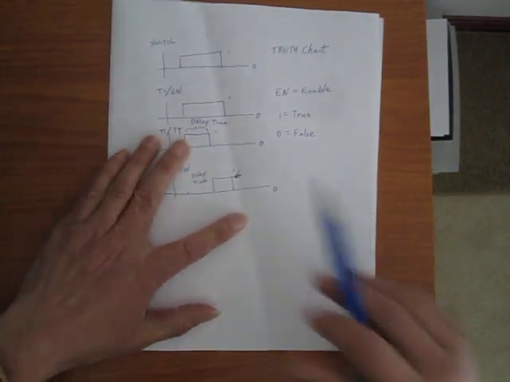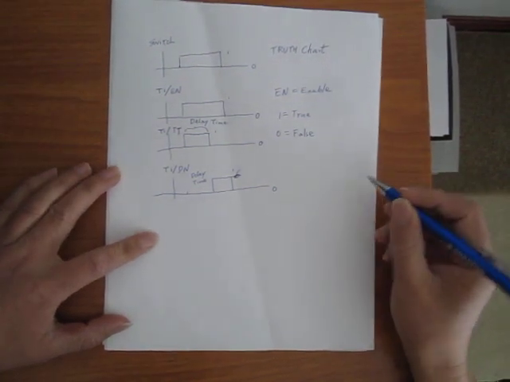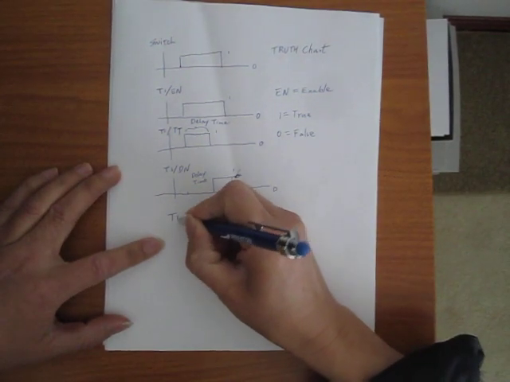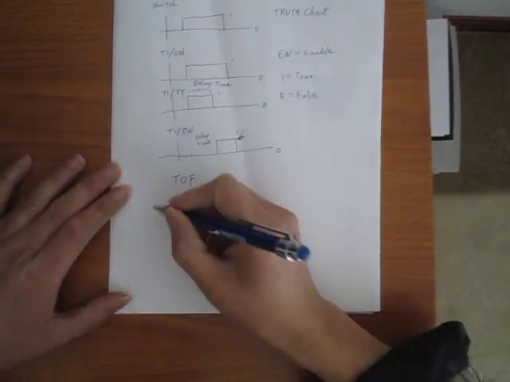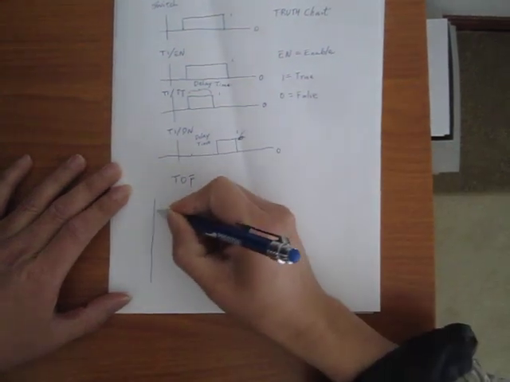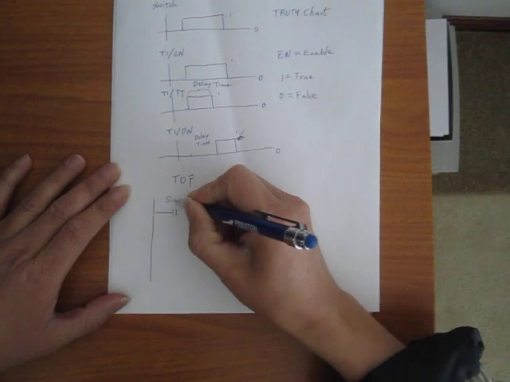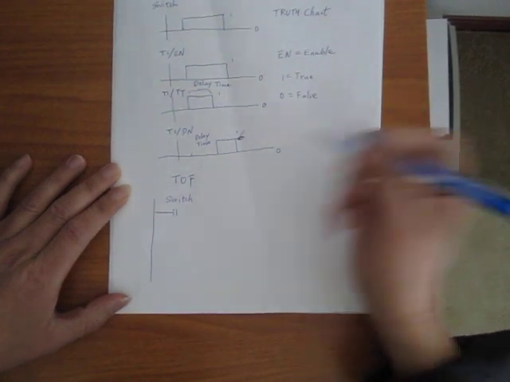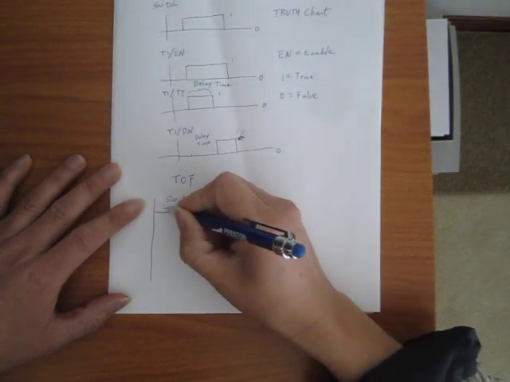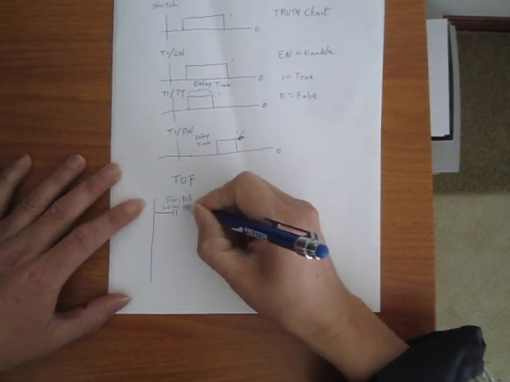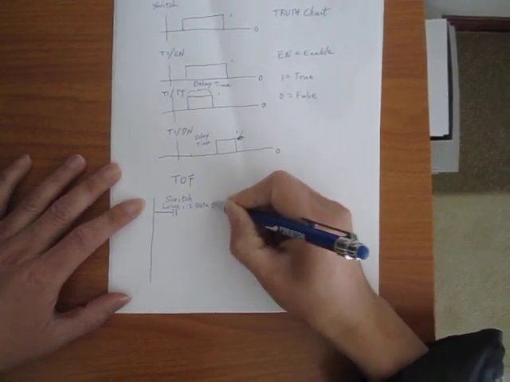Okay. Now, a little bit of new content here. Let's take a look at TOF. Let's say we have this circuit here, again a switch, a field device, a switch or a sensor, and it's going to connect to your local input data port, let's say local 1 input data 5.